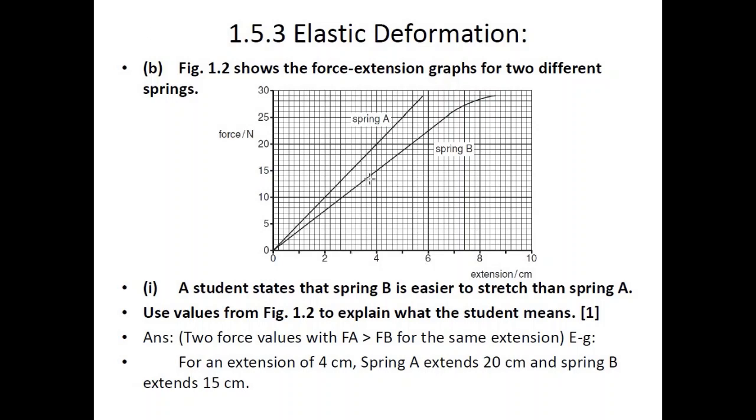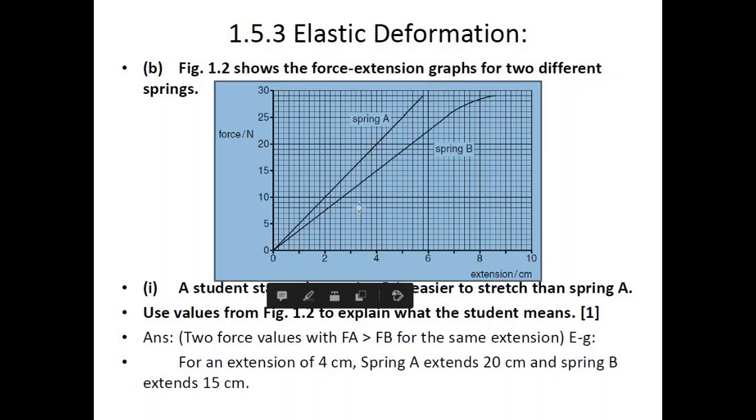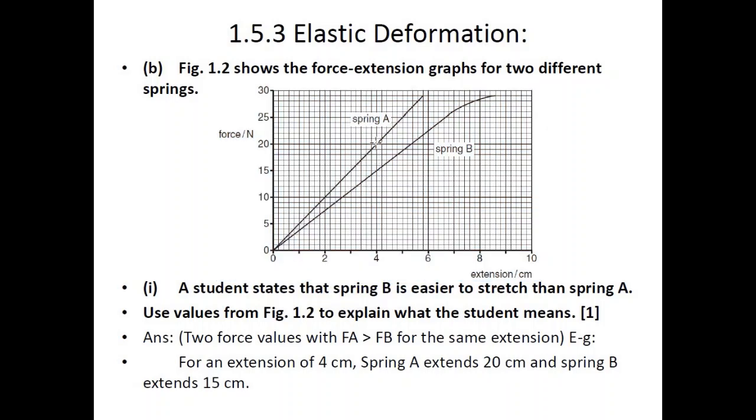Now let's check another value. For an extension of 4 centimeters, spring B is somewhere around 15 Newton, whereas spring A is somewhere around 20 Newton.